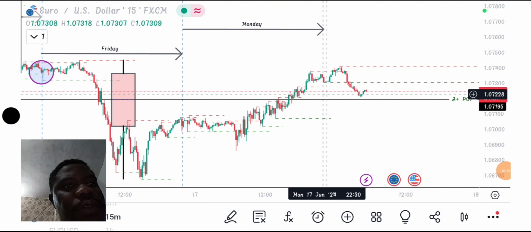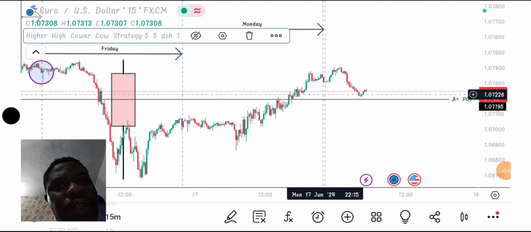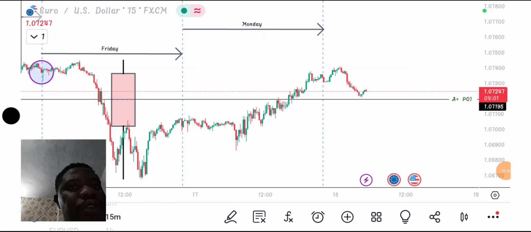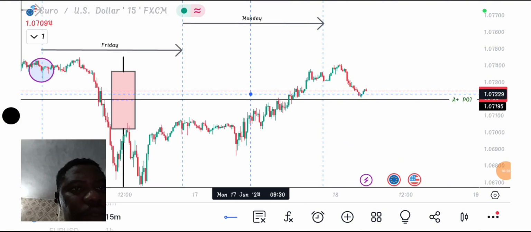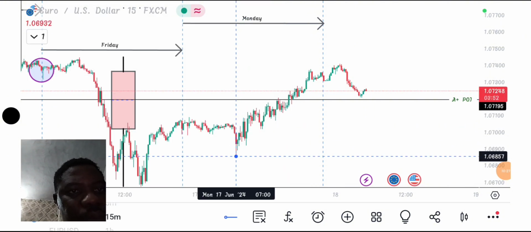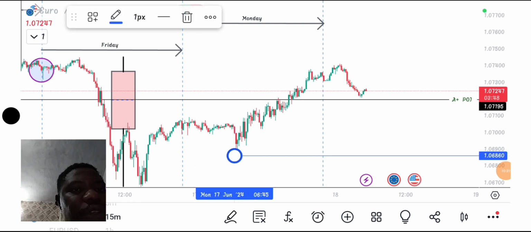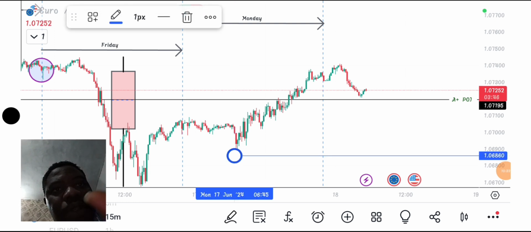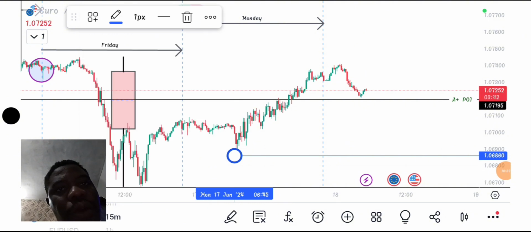Sorry, I had this indicator turned on, so I'll have to take it out. Okay, so where's our lowest trading point from Monday range? You can see it here, guys. This is it here within this session breaks. That's our lowest point. So we mark it and name it recent daily low, RDL.